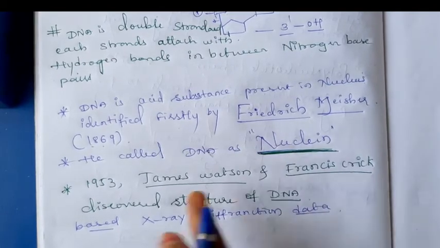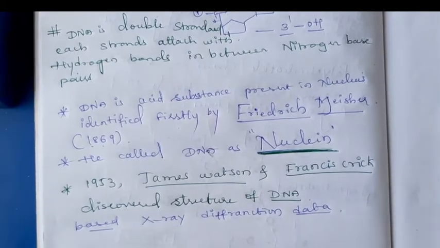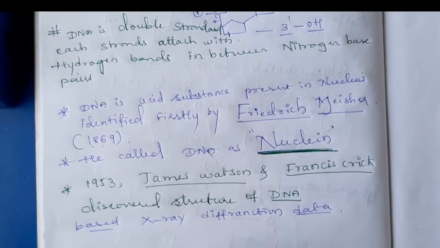James Watson and Francis Crick discovered the DNA structure in the year 1953 based on X-ray diffraction data.